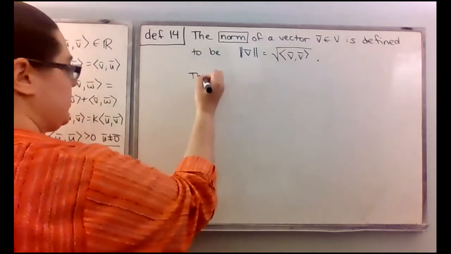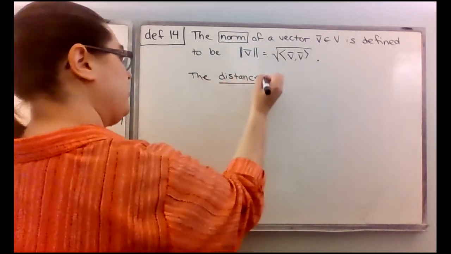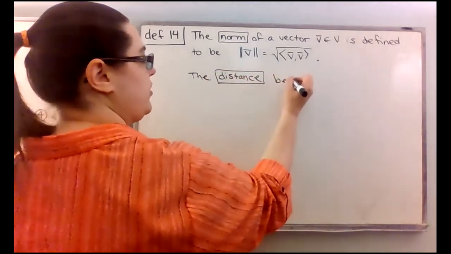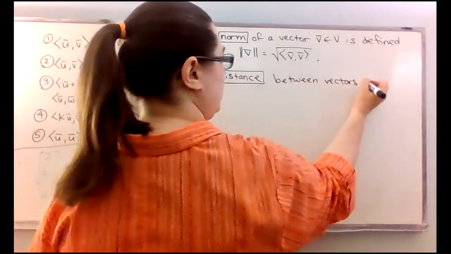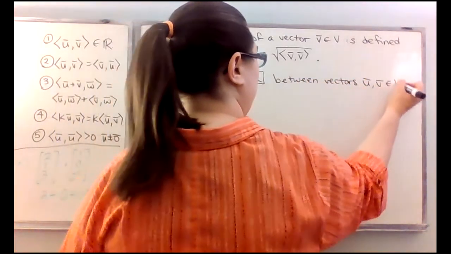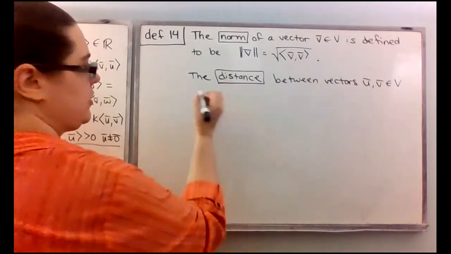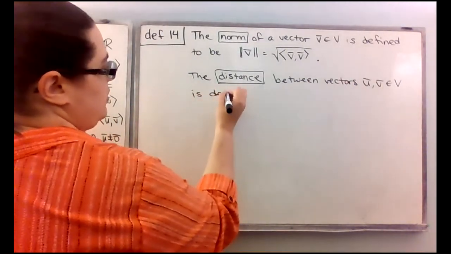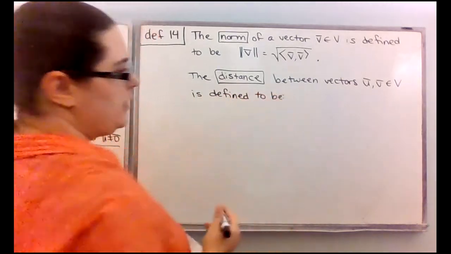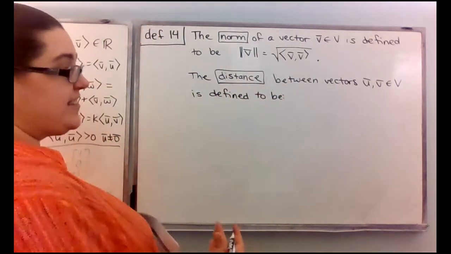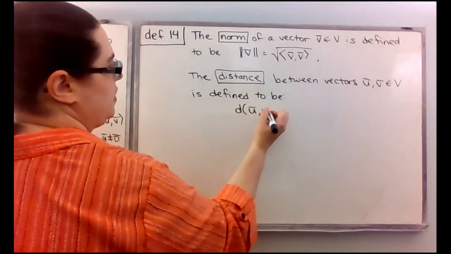So the distance between vectors U and V in our vector space, or in an inner product space, is defined to be, now the notation I'm going to use for distance is going to look like d of u v.